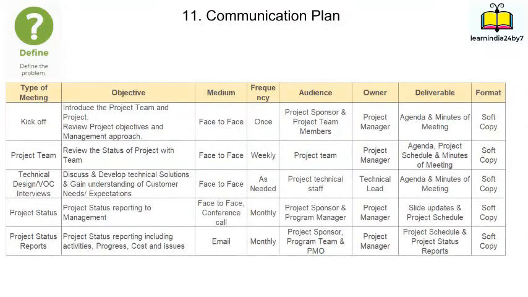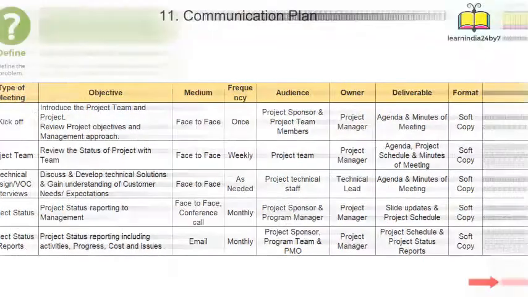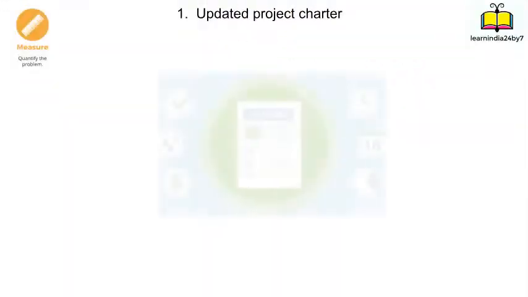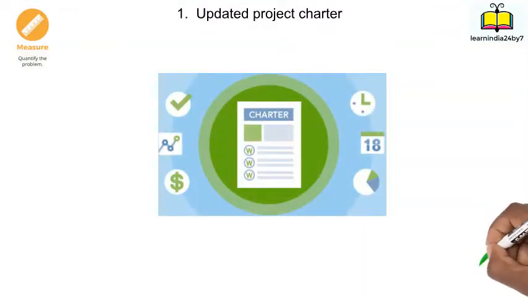In the next step, the team developed the communication plan and shared it with project stakeholders. With this, the team completed all the deliverables in the define phase and advanced into the measure phase.